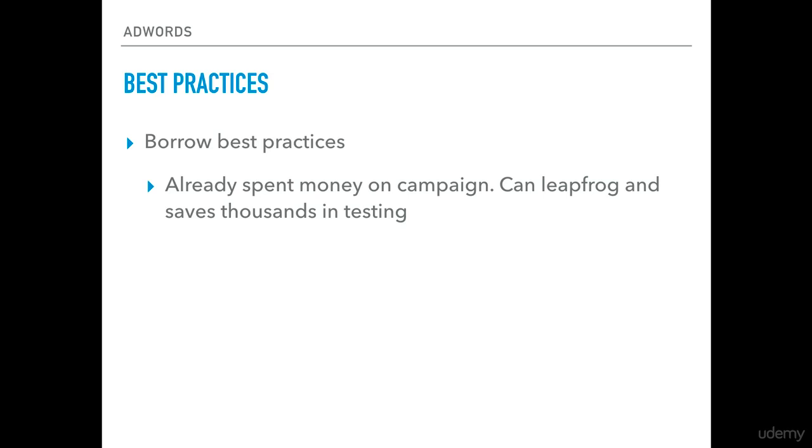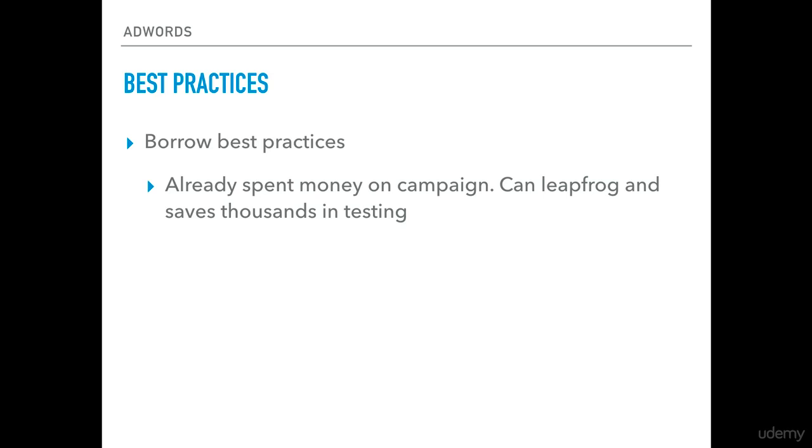So anyone who's still running an AdWords campaign in your area or nationwide is most likely spending money on their campaign, and because their campaign is still active, it means that they are making money on that particular AdWords campaign, and therefore it's a very good bet for us to borrow their keywords and to adapt from there, because we can actually leapfrog and save thousands and thousands of pounds in testing to find the best keywords.